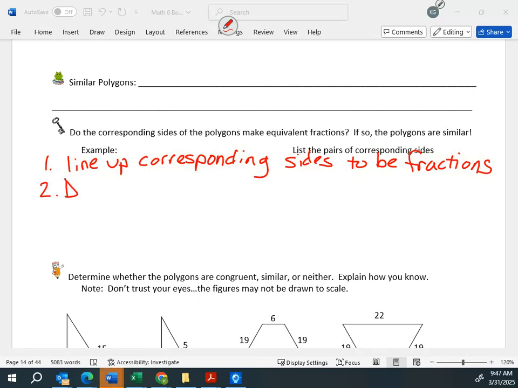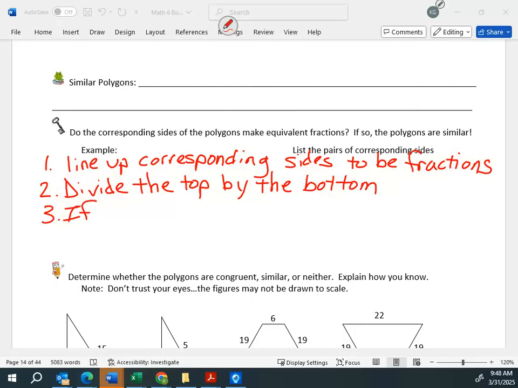Then you divide the top by the bottom. If they are similar, each fraction divides to the same number.